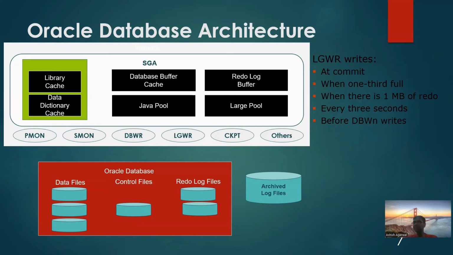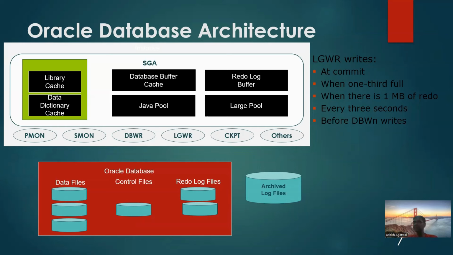Okay. Then you have control files. Control files are the most critical files and they contain the metadata information. You must have read that multiplexing of control files is done. This is the reason: if you lose one control file, at least you can recover it from the second control file. Okay. Then you have redo log files. Redo log files are the files which contain the change data.